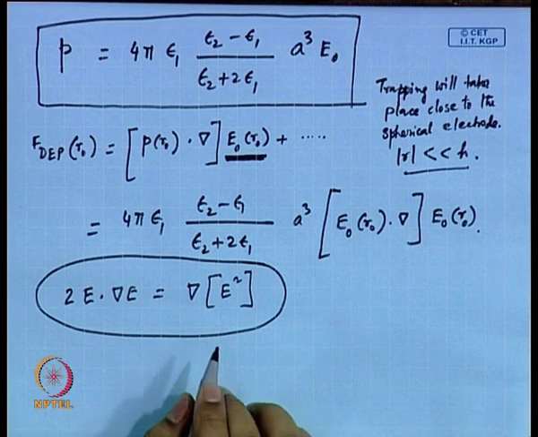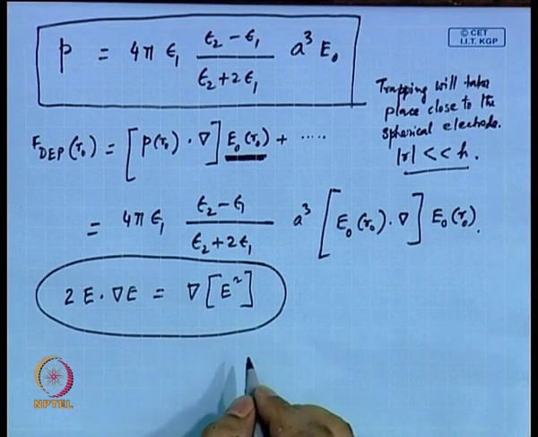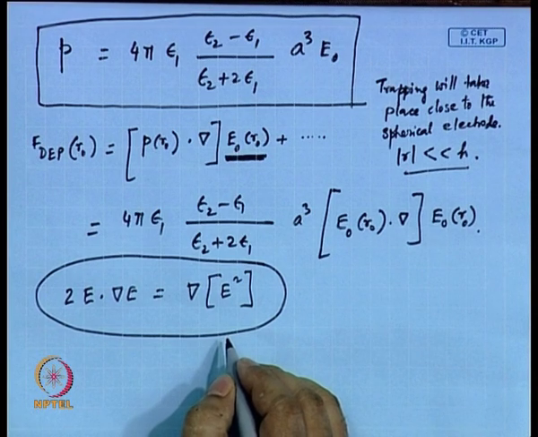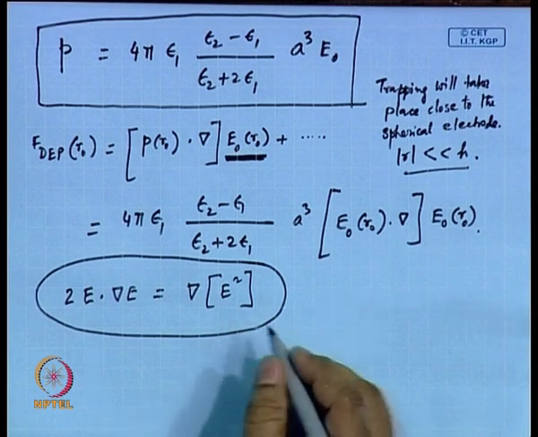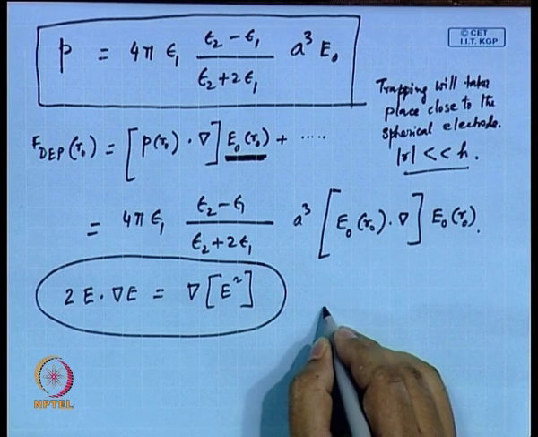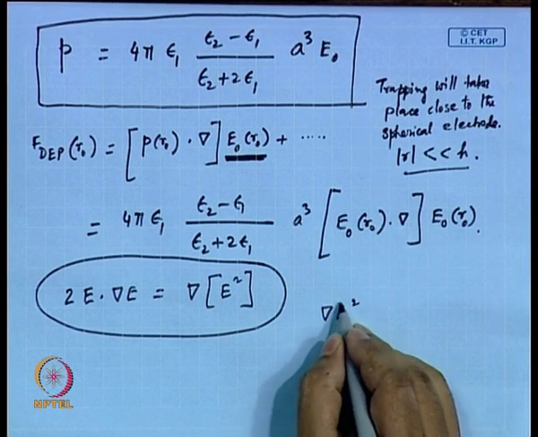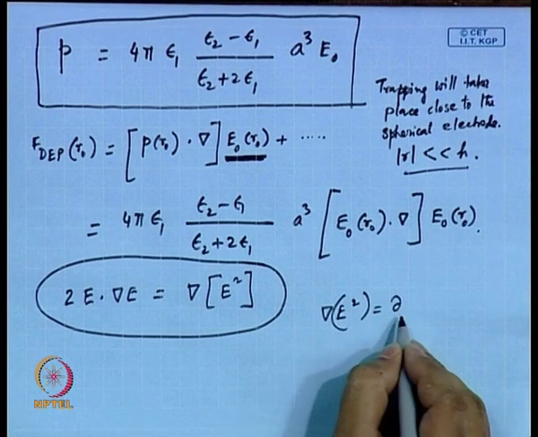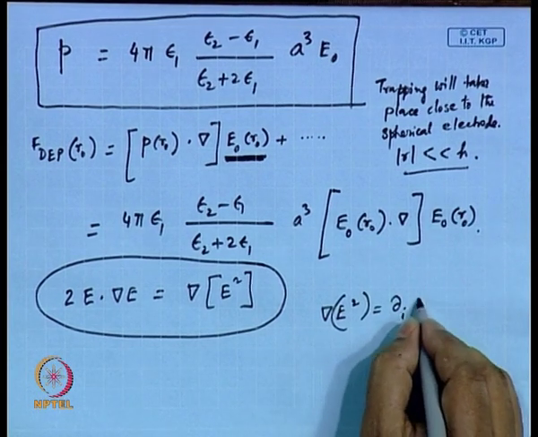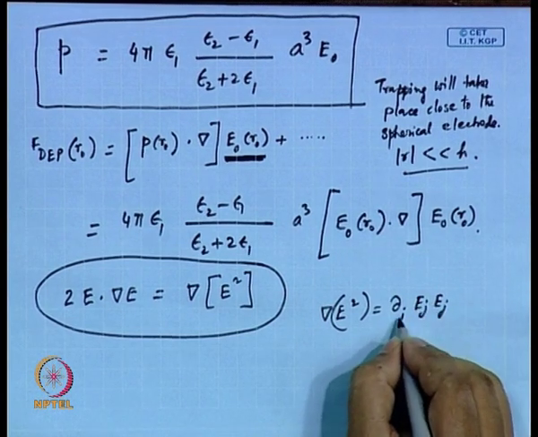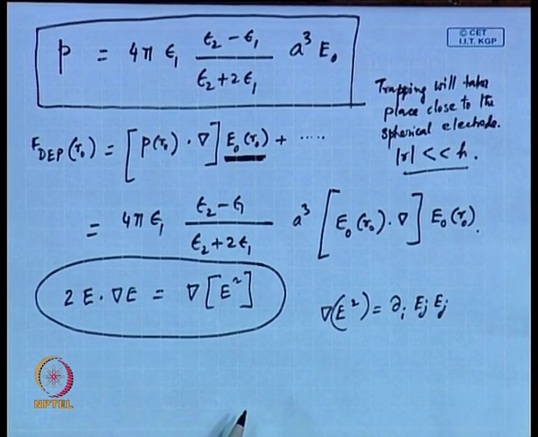Let me point out what this delta of E square is: delta of E square is equal to del i of E j E j. That is what it means.